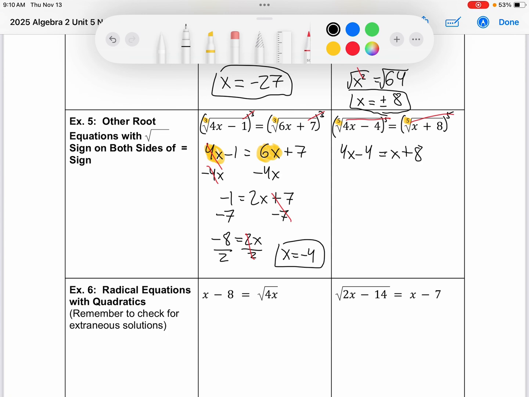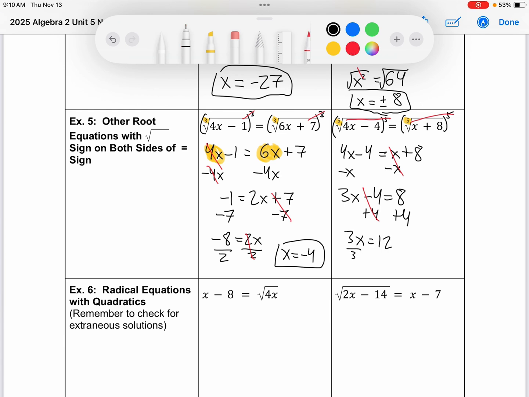Having x on both sides, I'd want to cancel one of them out, so x minus x eliminates itself. 4x minus x is 3x, minus 4 equals 8. I would then add 4 to both sides to cancel out the minus 4, giving me 3x equals 12.